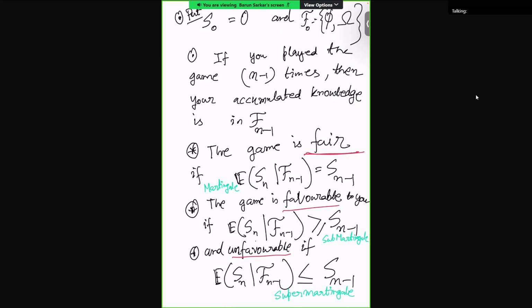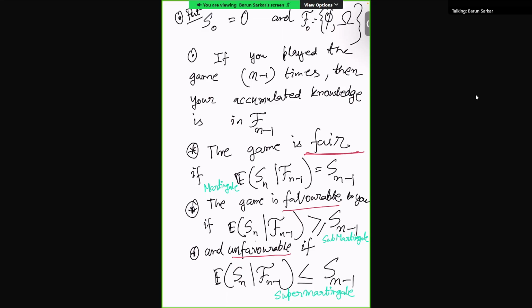If you played the game n minus one times, you accumulated the knowledge using Fn minus one. That is the filtration. The game is fair if the expectation of Sn given Fn minus one is Sn minus one.